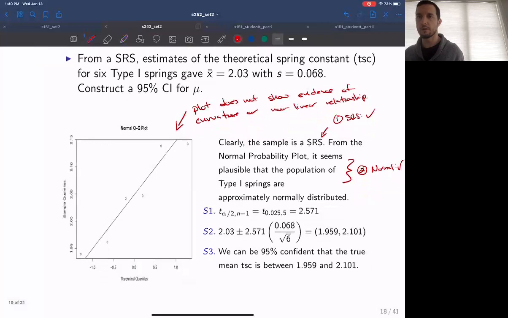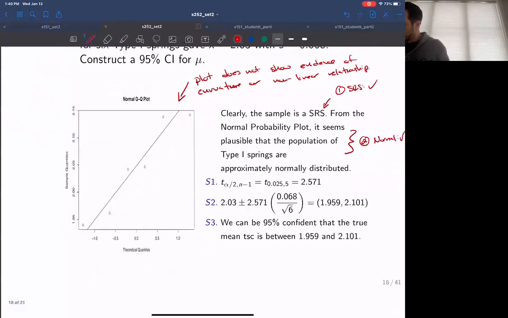Does anyone have any questions about the example? All right. Okay.